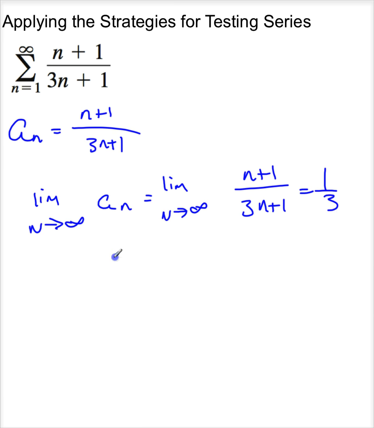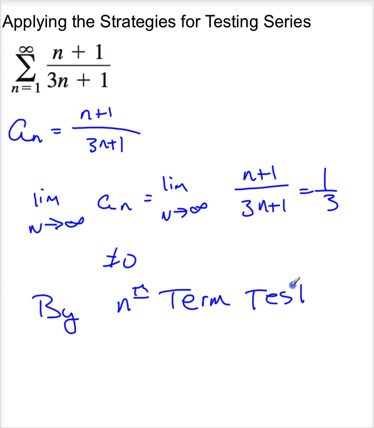This is not 0. So by the nth term test, and yes, you need to tell me what test it is, the sum as n goes from 1 to infinity of (n+1)/(3n+1) diverges.